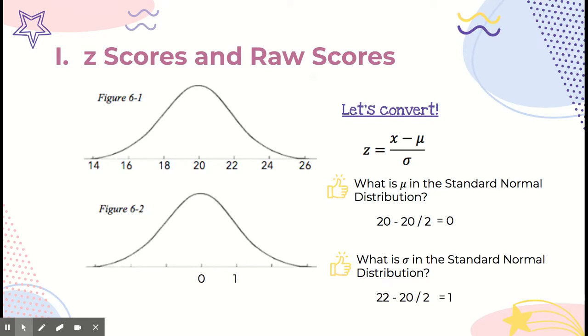In the standard normal distribution, the standard deviation is always 1. So we can add another 1 and we'll get 2, and we'll add another 1 and get 3. On the left side of our distribution, it'll be 0 minus 1, minus another 1, and minus another 1. This is the standard normal distribution for any set of normal raw scores.